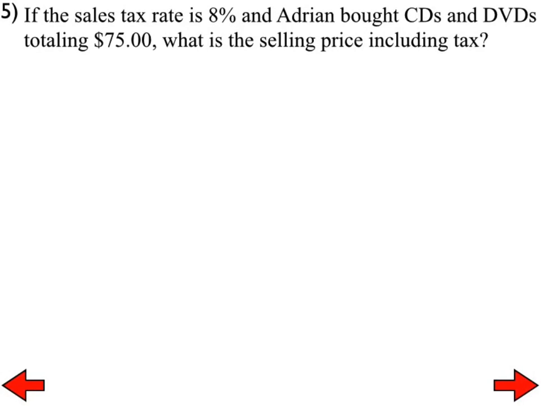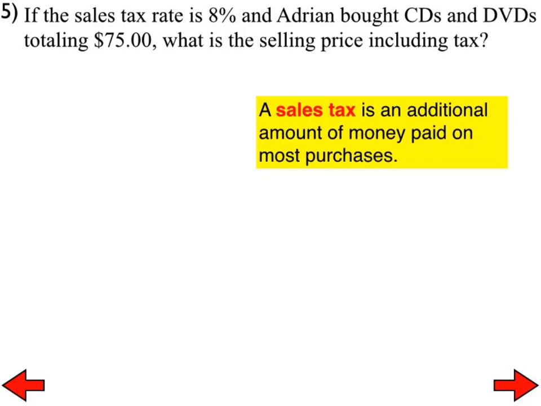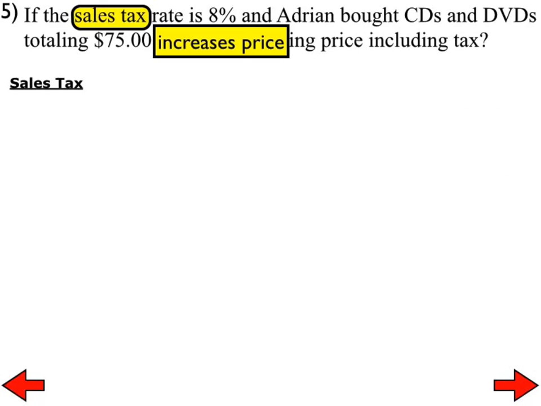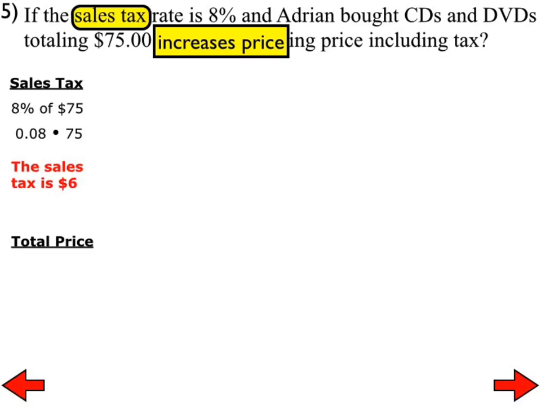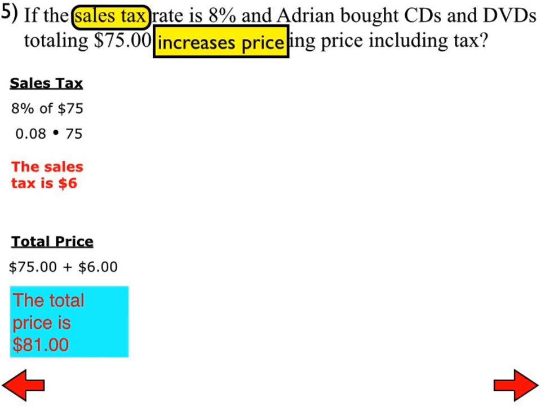Sales tax means you are paying more. Therefore, the percent that we would use, either with a proportion or percent of a number, would be 108%. Here is how we did this problem last lesson. We found the amount of sales tax. We find that by finding 8% of $75 and then adding it back on. But that takes a lot more work.